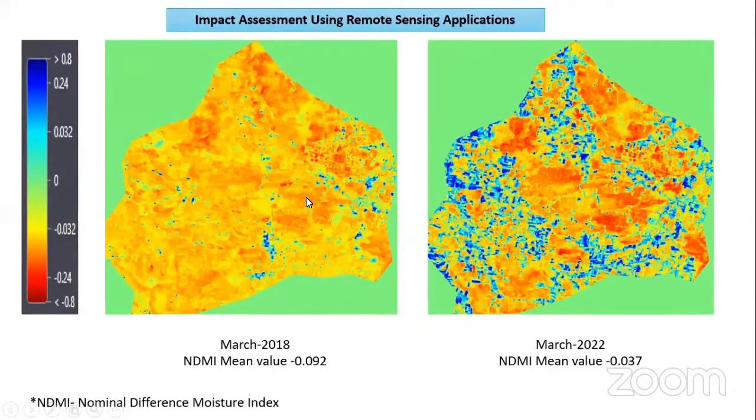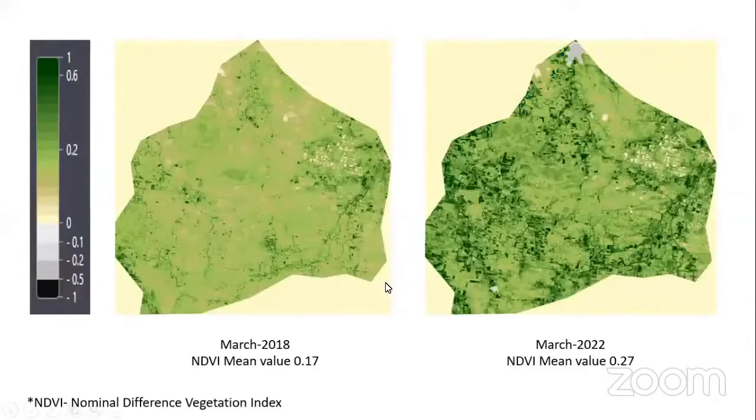As you can see in this picture also, there are patches of blue color which are very few, but in 2022 the blue color has increased. That means the moisture index has increased. So this is a very good tool for analyzing the impact also. And we also calculate the vegetation index.